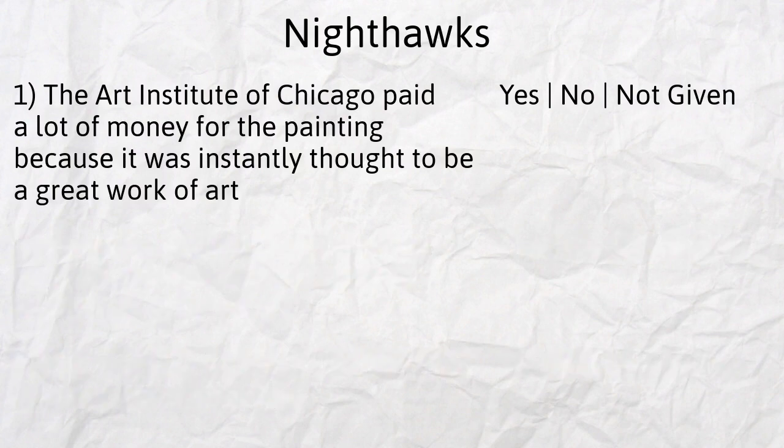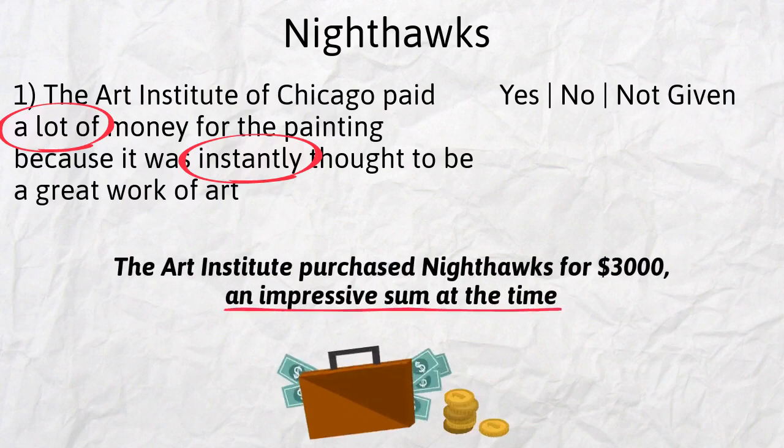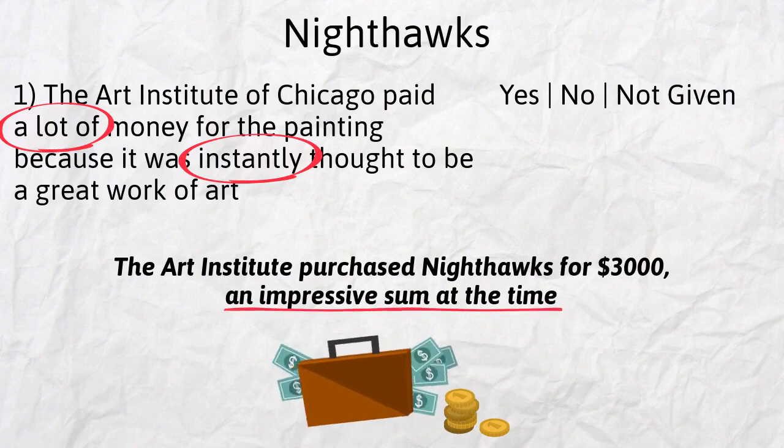For this first statement, the key words are a lot of money, and instantly thought to be a great work of art. In the text, it states that the $3,000 paid for this painting was an impressive sum at the time. So we can confirm that the Art Institute paid a lot of money.